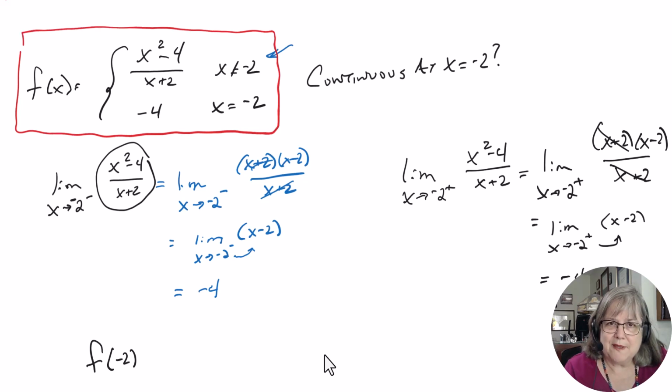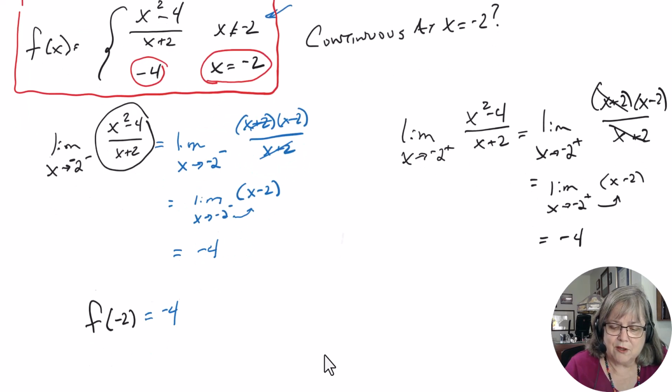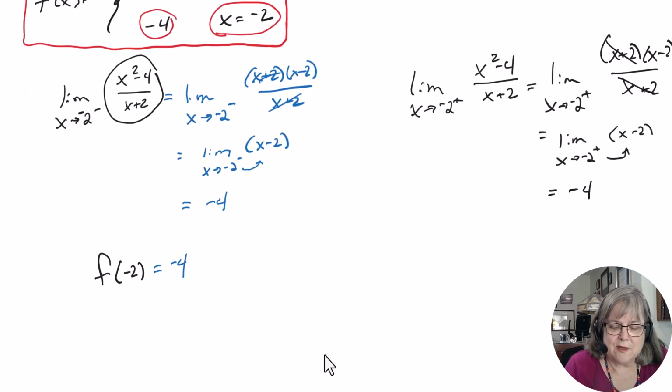Okay, they specifically said that if you're looking at x is equal to -2, it's just automatically a -4. So f of -2 is defined by the function as -4, and since all these match, then yes, it's continuous. Now be careful with your answer.